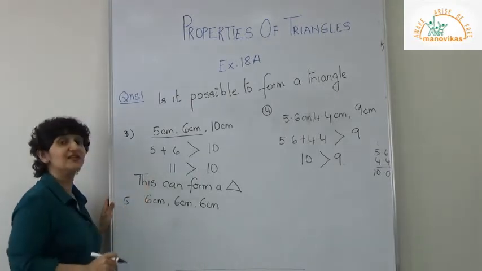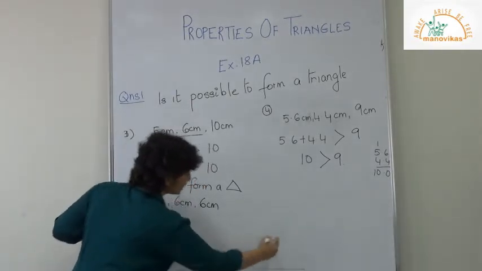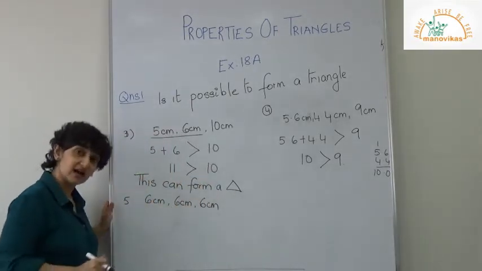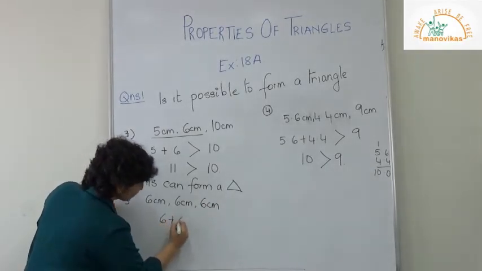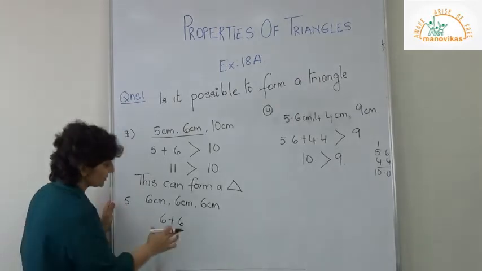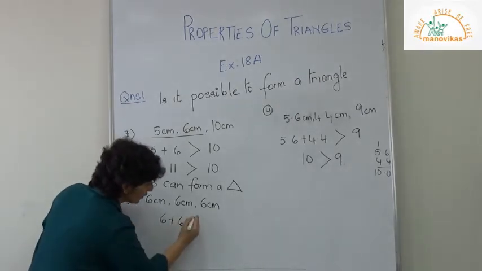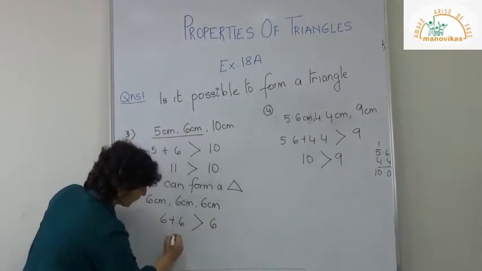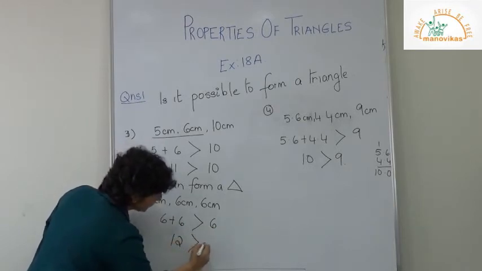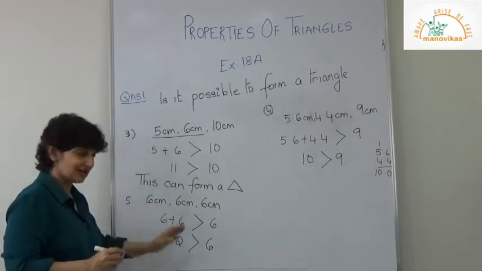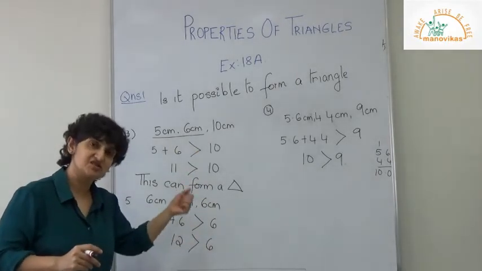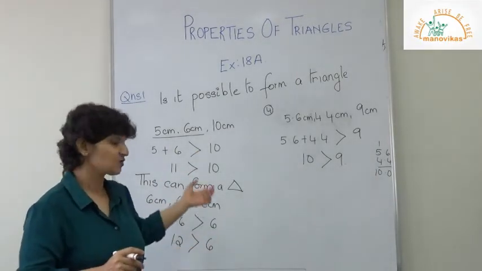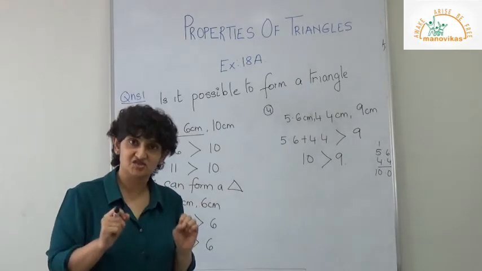Now here I have an equilateral triangle. All the three sides are equal. So take any two sides and add 6 plus 6. According to your condition, when you add these two, it should be greater than the third side. 6 plus 6 is 12, which is greater than 6. That means I can form this triangle. This triangle can also be constructed.